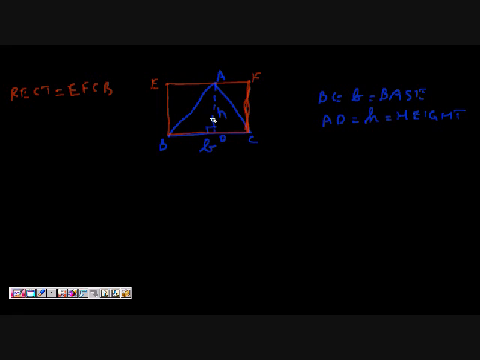So the distance between the two lines should be the same. So that way we can prove that the area of rectangle EFCB is equal to base BC into FC, which is b into h. Okay, that's the area of the rectangle.